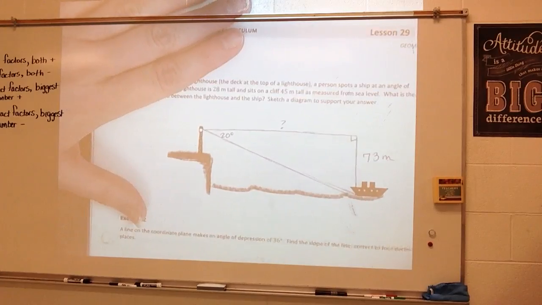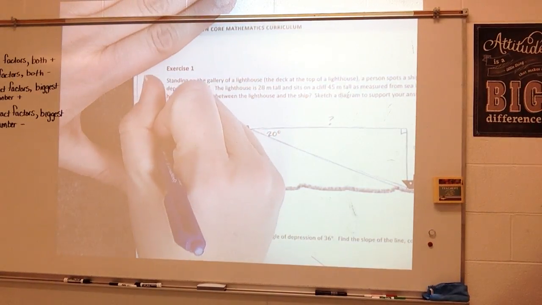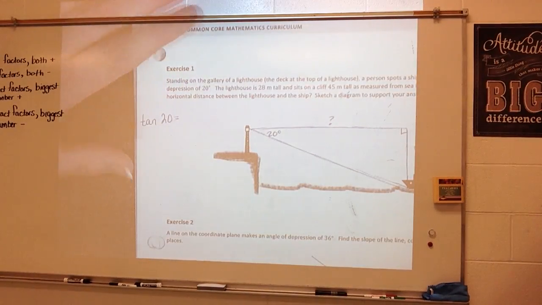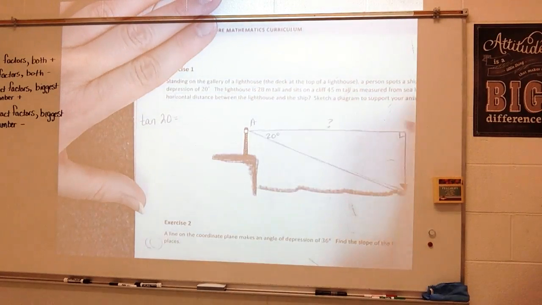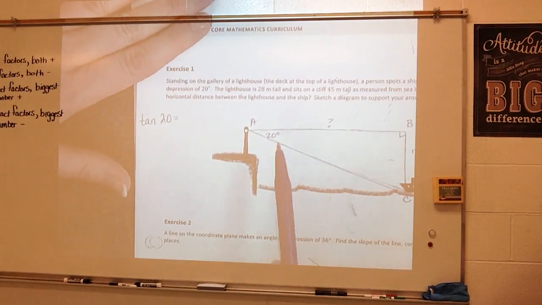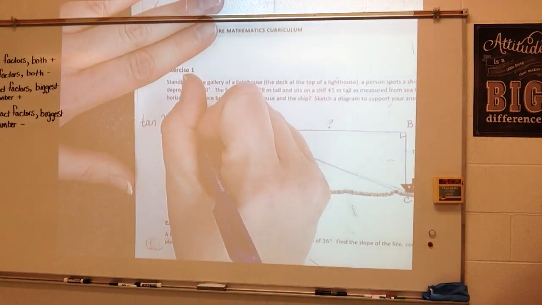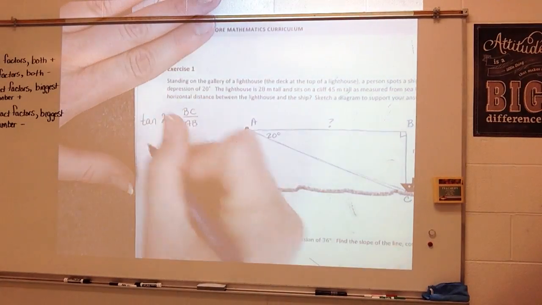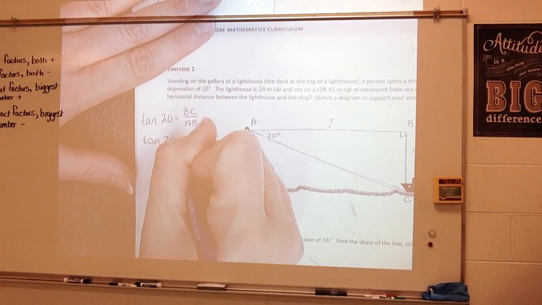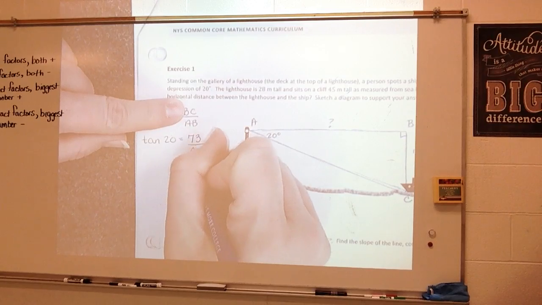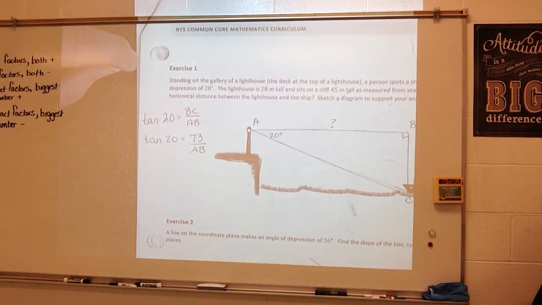So I'm going to do tangent of a 20 is equal to, we can label these A, B, C. So the tangent of my 20 is equal to opposite, which is BC, over adjacent, which is AB. So I have tangent of 20 is equal to, I know what BC is, that is 73, and I'm trying to find AB.